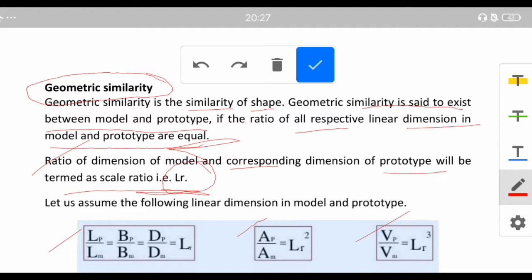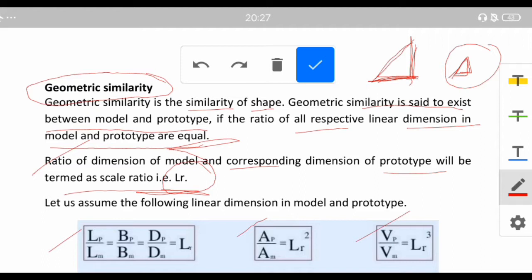Suppose we are going to make a dam whose height is 4 meter, whose base is 3 meter, and whose hypotenuse is 5 meter. We will make one model in this particular ratio of 3:4:5 of the sides for that dam.